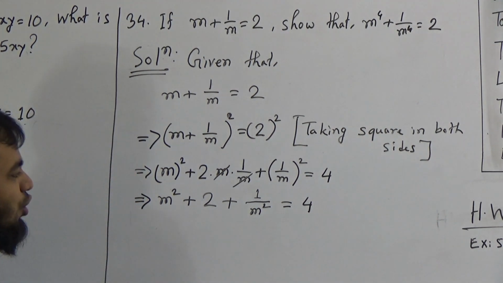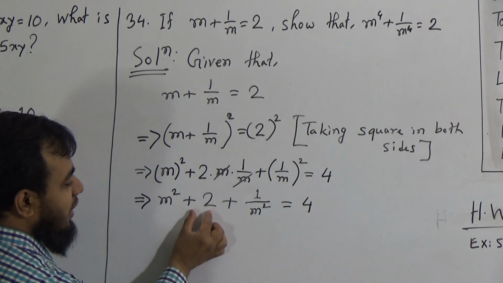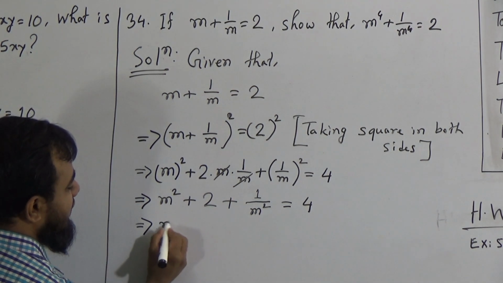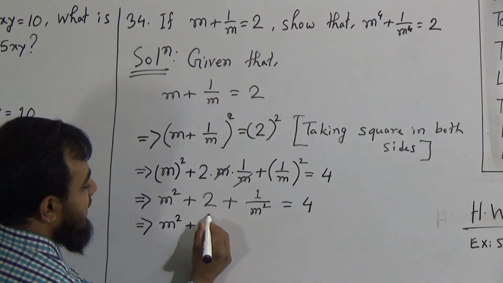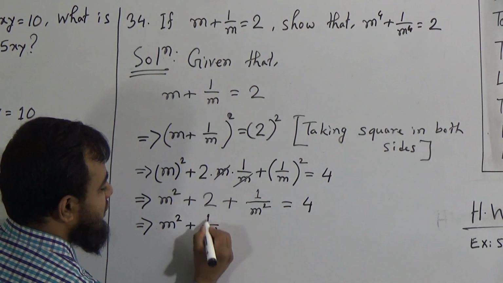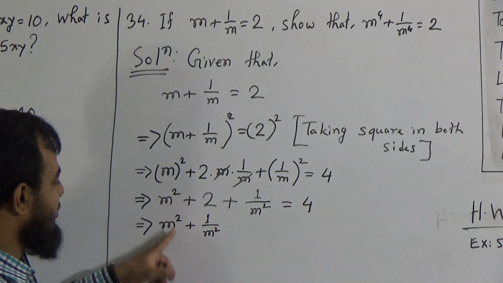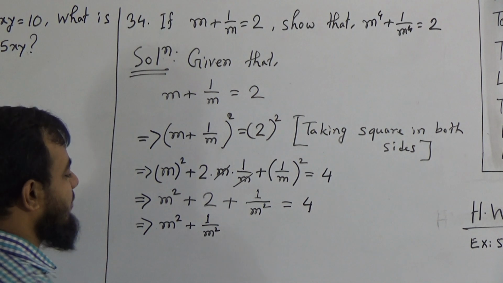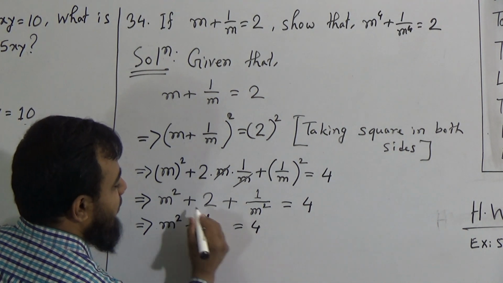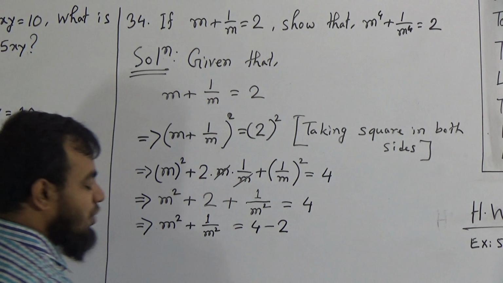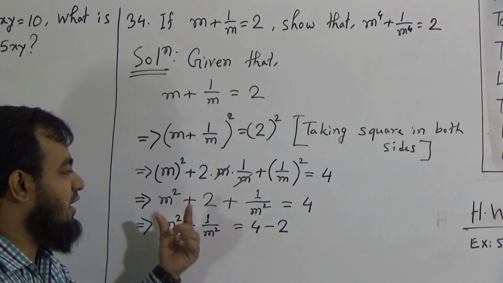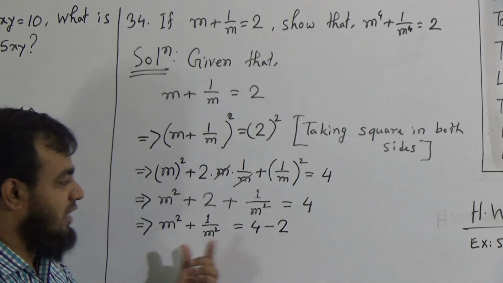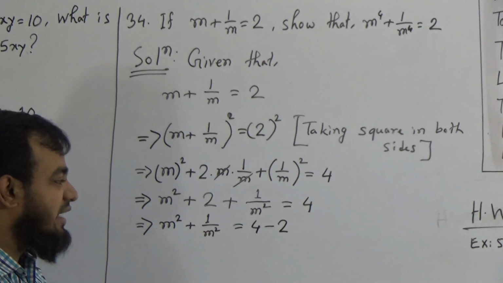Now, my dear students, we will transfer this numerical value to the right side. When we transfer any numerical value or term from the left side to the right side, it takes the opposite sign.